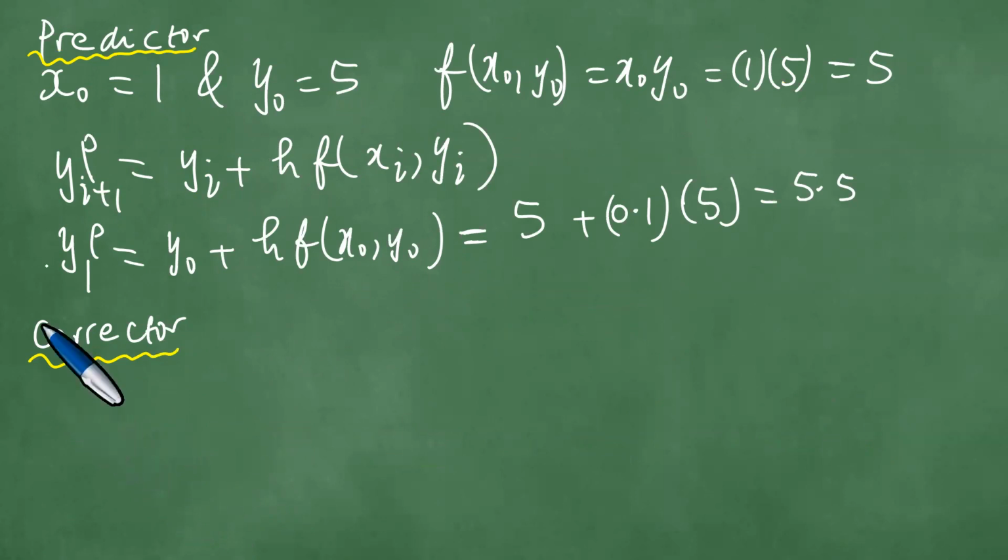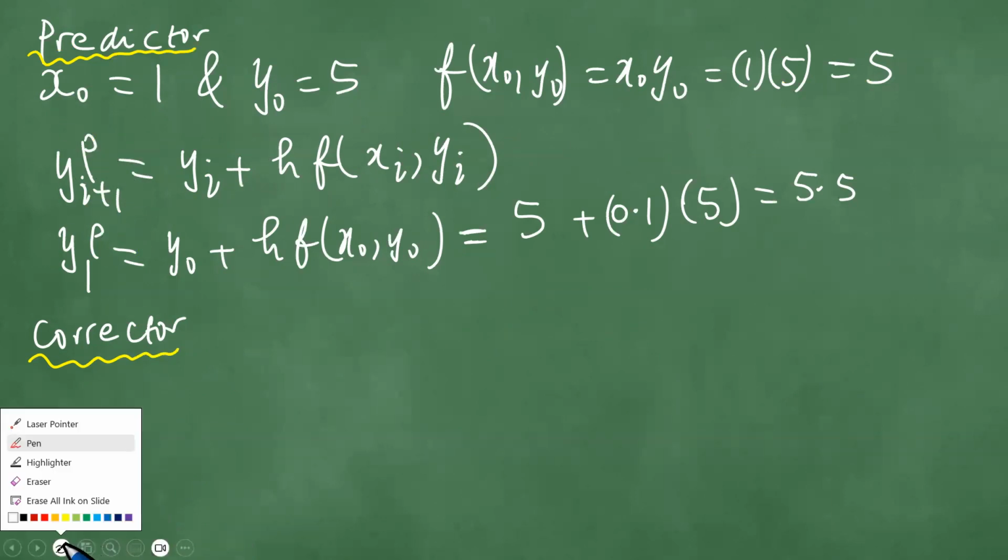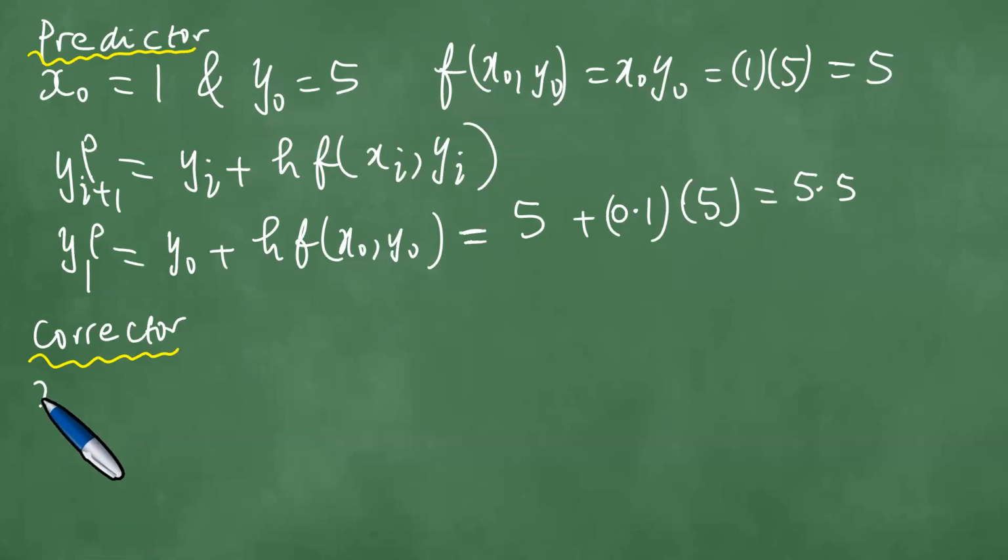So now we come here. Then we shall go here and say we're interested in x1. What is x1? Because x0 is 1 and h is 0.1, so you add here, so it's going to be 1.1.